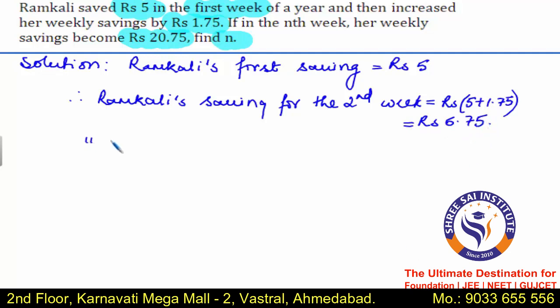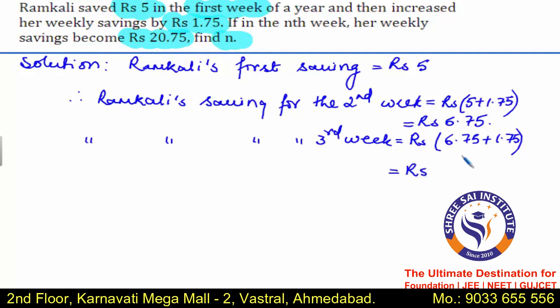Similarly, we can find Ramkali's saving for the third week. This is equal to rupees 6.75 plus 1.75, and this is equal to rupees 8.50.